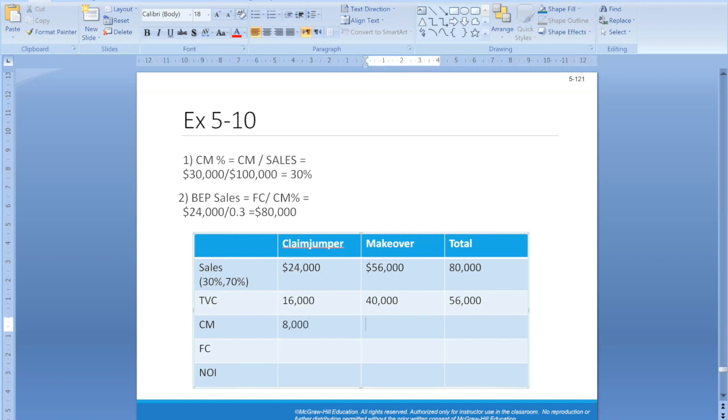For the second one it will be 16,000. And for the company it will be 24,000. The fixed expenses are 24,000 for the company, and the income is 0 for the company, which is the break-even.